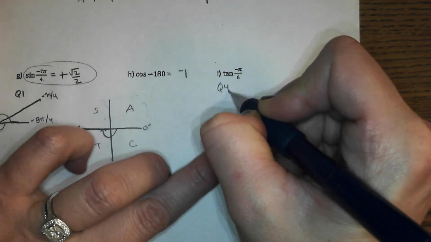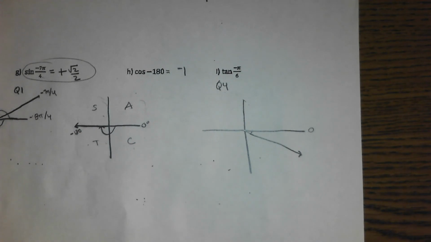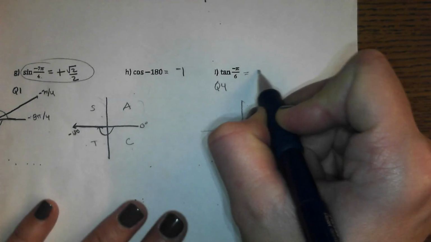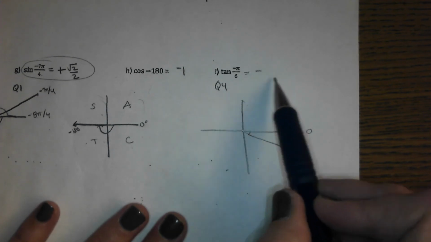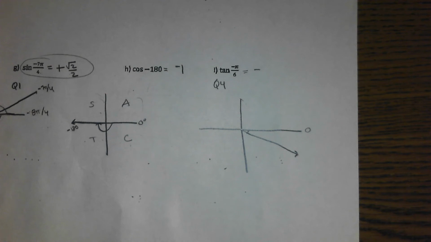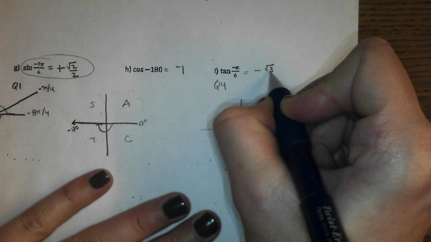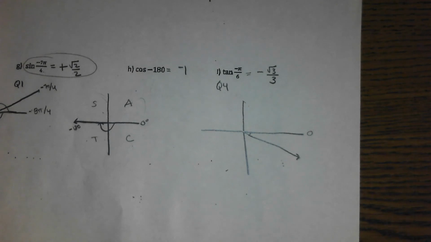So Q4 means, are we positive or negative here? Negative. Because only cosine should be positive here, so tangent is negative. And what's our numerical answer? Radical 3 over 3, because the reference angle is pi over 6.